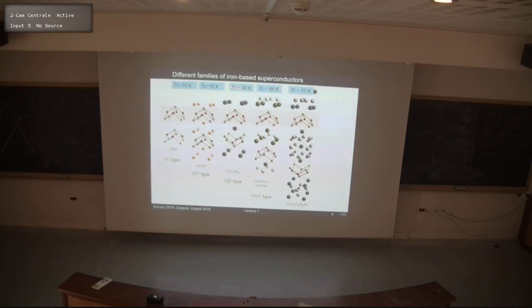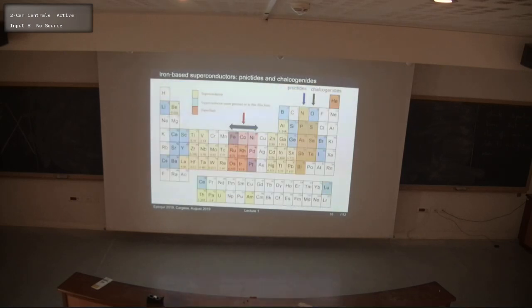The TC varies between families. As I said, in the initial family, which is the 1111 compounds, it reaches about 56. Then it plateaus around 38, 40. And iron selenium in a monolayer form is believed to go much higher. And I believe one of the more reliable reports is about 75 Kelvin.